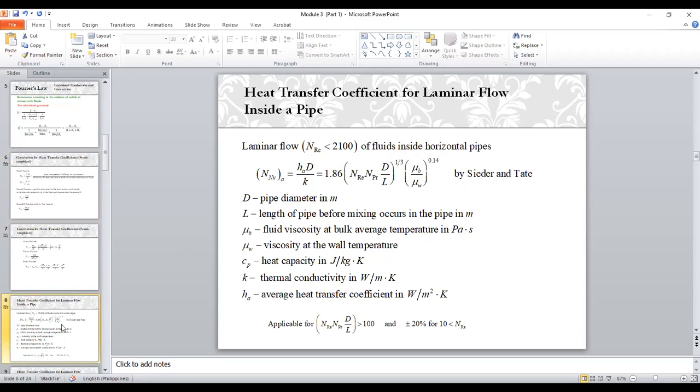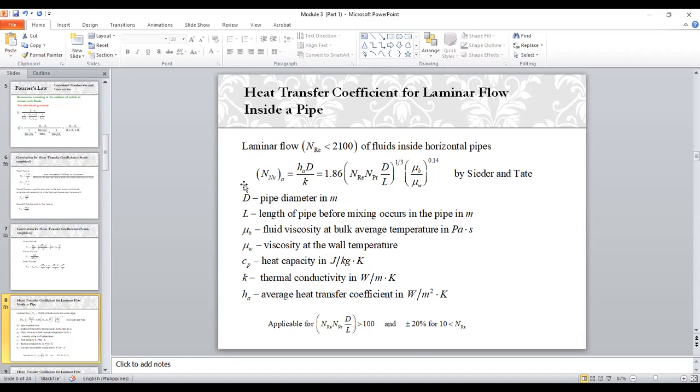Now, we go now to, I said we need to establish the flow regime where our fluid falls. So if it's laminar flow, you know that the Reynolds number should be less than 2,100, in the case of fluids inside horizontal pipes. Now, this particular empirical, again, another empirical equation is credited to Sieder and Tate.